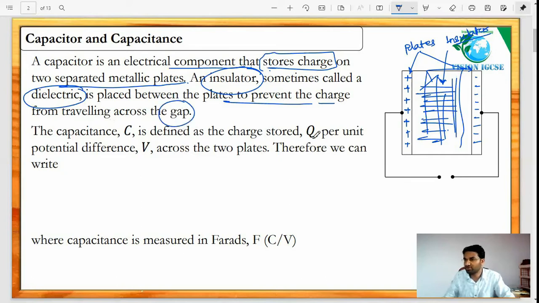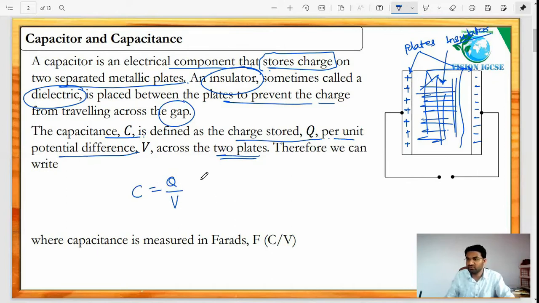Okay, so let's say C is the capacitance. It is defined as charge stored per unit potential difference across the two plates. So capacitance is nothing but charge over potential difference.